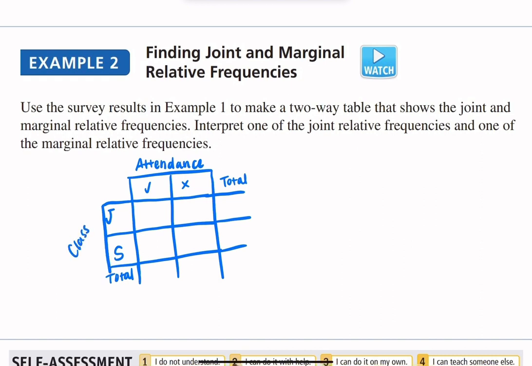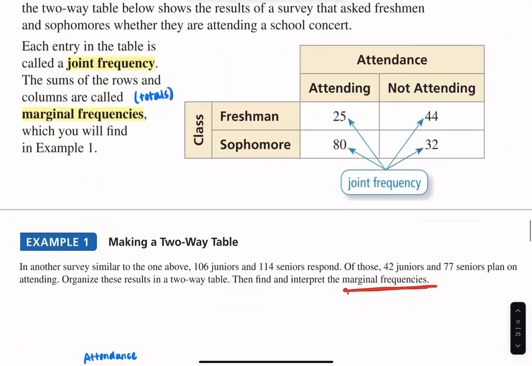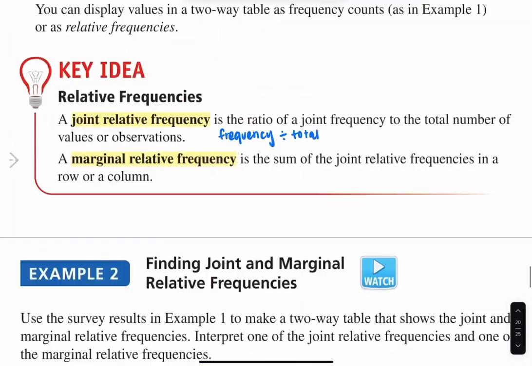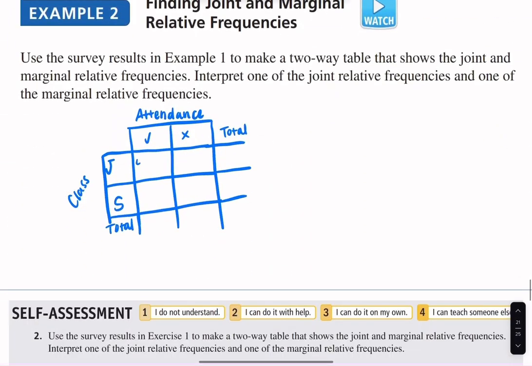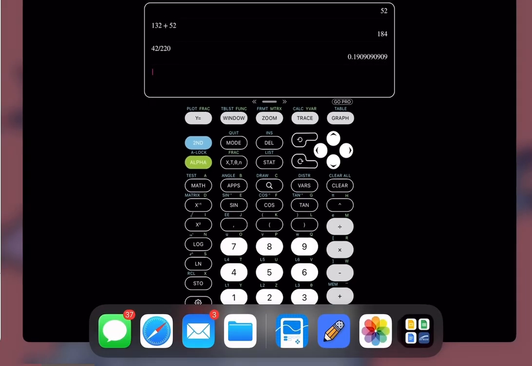So what we're going to do, I'm going to go back to example 1. In this first box, I had 42 juniors attending out of 220. And I'm going to find the decimal for that. So 42 out of 220 is about 0.191.